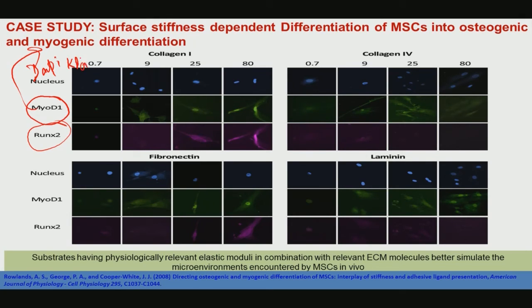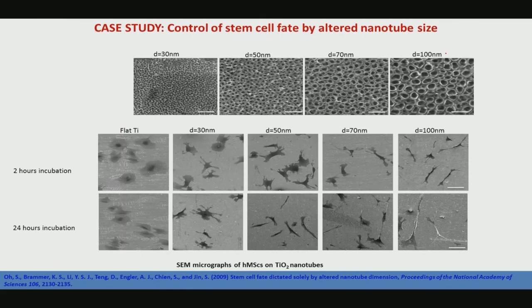So, along the top, your elastic stiffness is changing in kilopascal units: 0.7, 9, 25, 80, and similarly 0.7, 9, 25 and 80. So, column wise these are different elastic stiffnesses, and row wise what you are seeing is mostly the nucleus, MyoD1 and RUNX2.